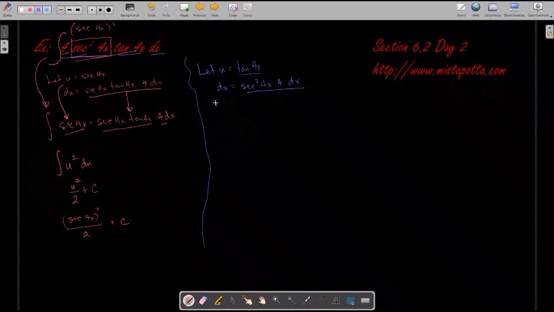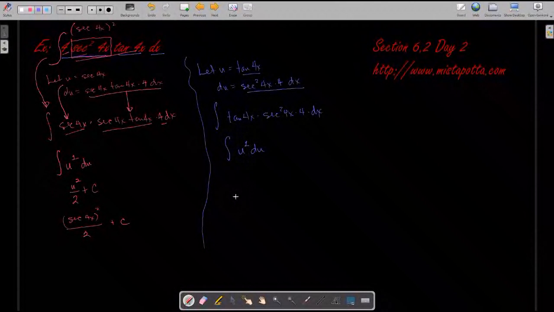So this becomes the integral of tan 4x times secant squared 4x times 4 dx. So I've got, again, the integral of u du. And this gets me a little bit perplexed because I'm looking at this and I'm going, wait a minute, this is u to the first.